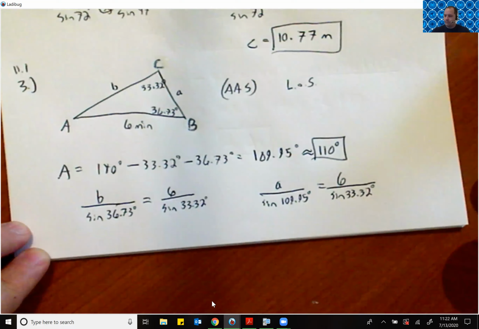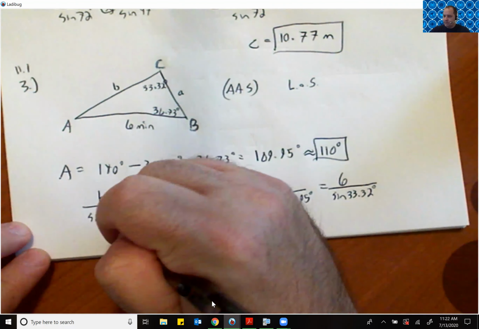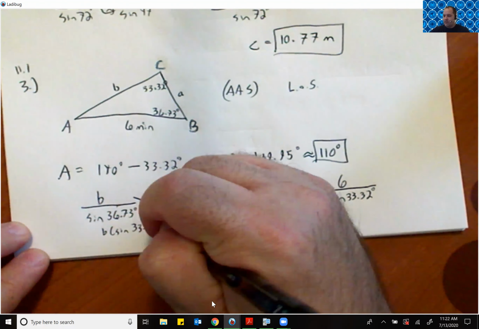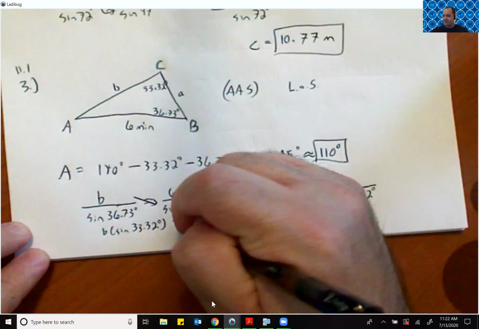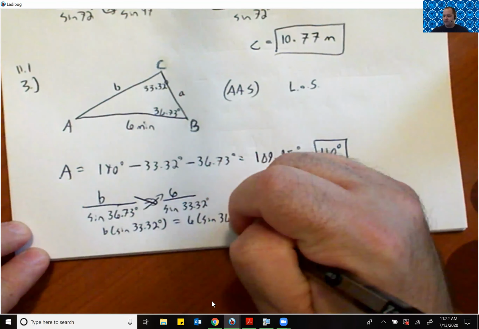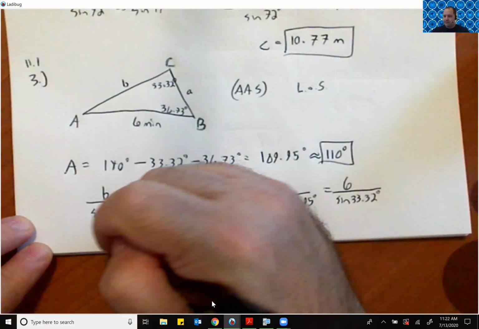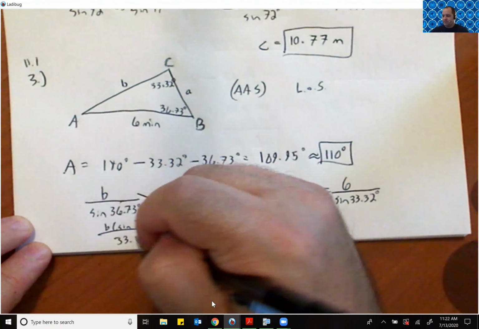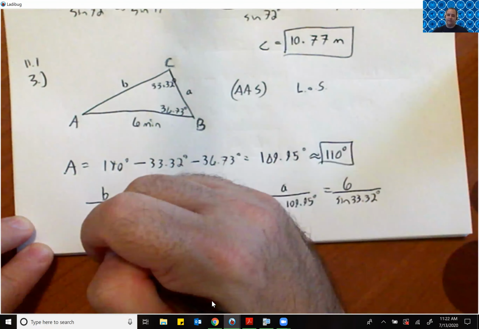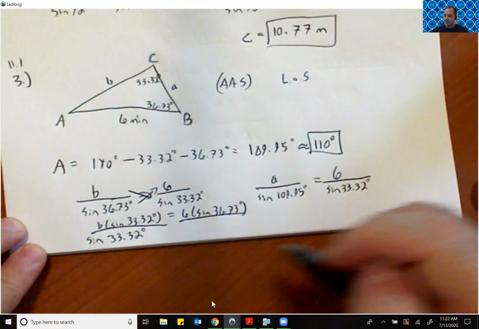So in here, this will give us B times sine 33.32 degrees equal to 6 times sine 36.73 degrees. Divide by sine 33.32 degrees.